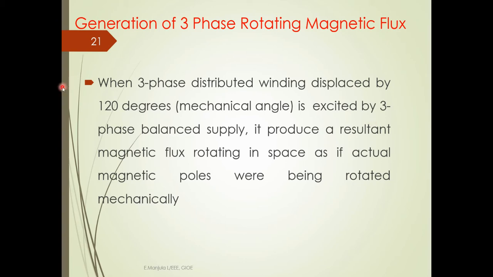So here, when a three-phase distributed winding placed 120 degrees apart is excited by a three-phase balanced supply, then it produces a resultant magnetic flux rotating in space as if actual magnetic poles were being rotated mechanically.